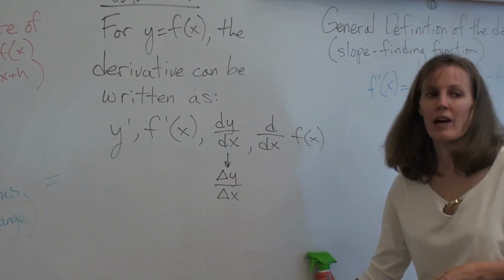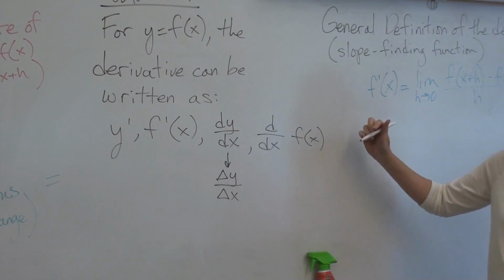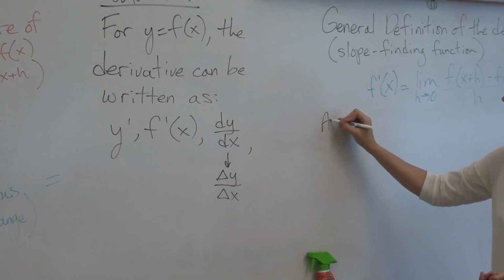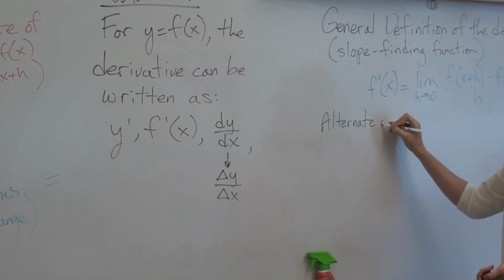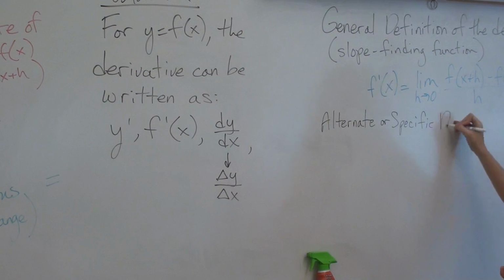Okay, I'm going to write down all three definitions and then we'll do examples. Okay, so that's the general definition of the derivative. Then we have an alternate or specific definition of the derivative.